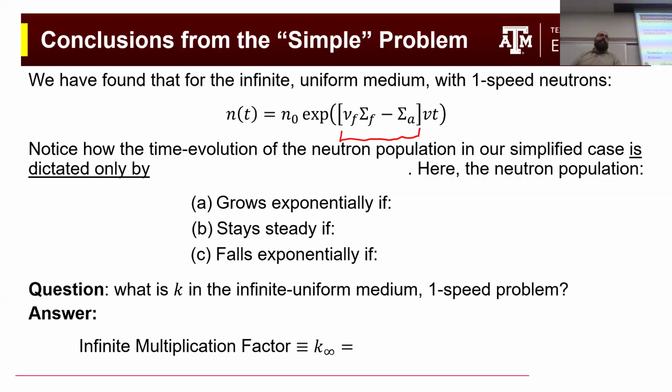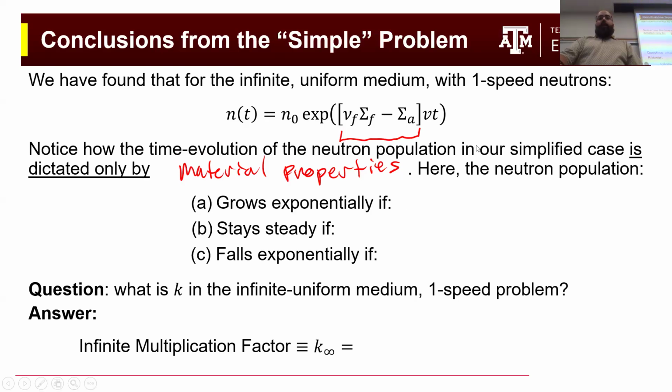Every material is going to have a different sigma, every material is going to have a different nu. So these are simply material properties. The time dependence of this population is going to be dictated only by material properties. And those are things that we could look up. We could go onto Janus or any other nuclear database and find what those quantities are for our material.